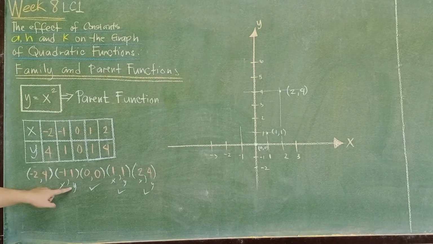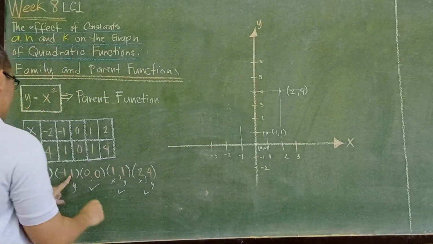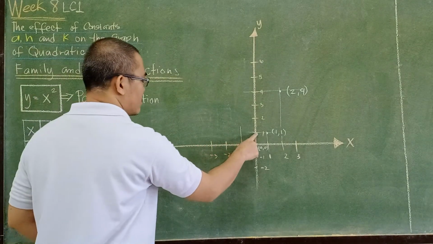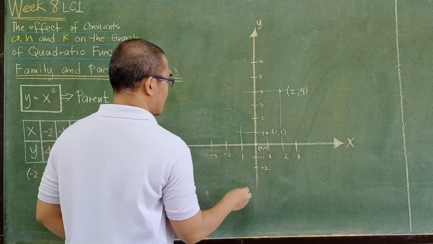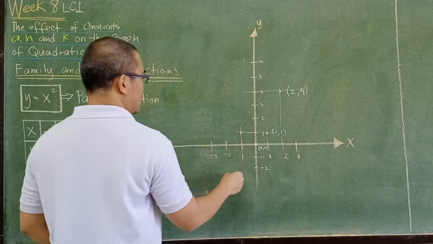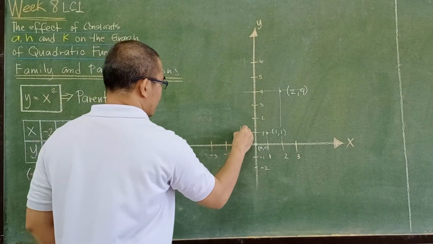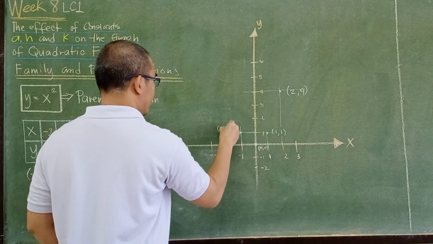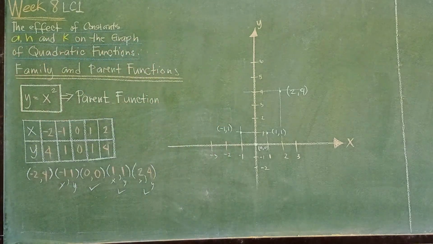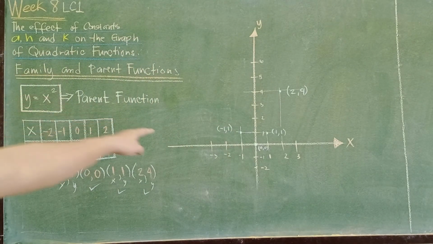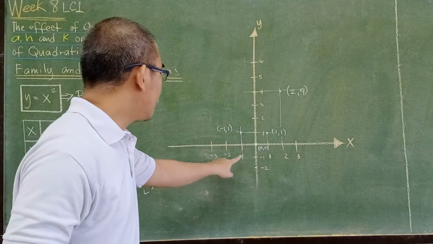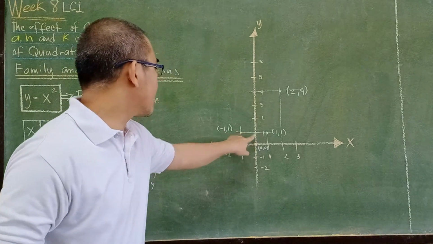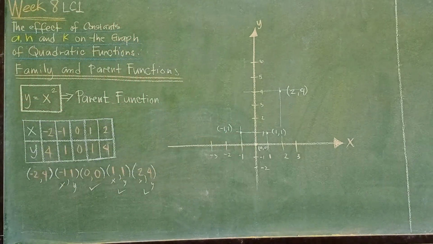And then sa may y-axis yung positive 1 is ito. So, yung intersection ng line na yun will be negative 1, 1. So this is negative 1, 1.